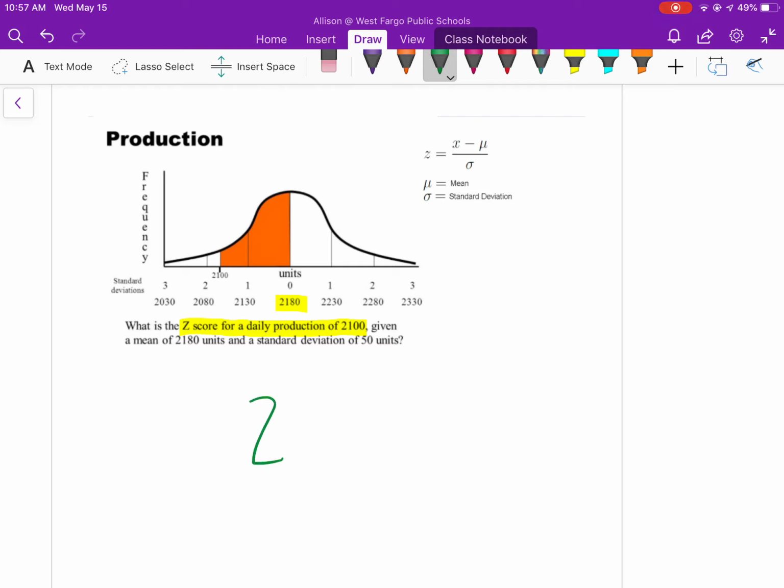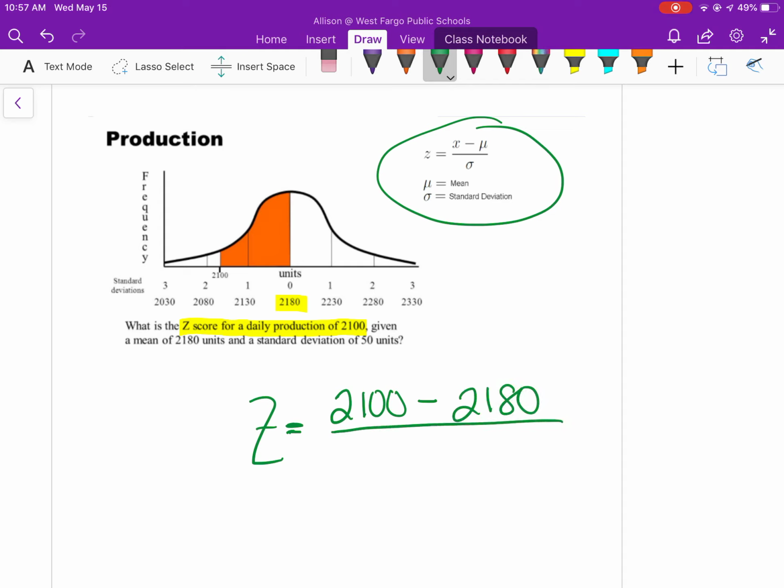So to find the Z-score, you use this formula here, x minus the average divided by standard deviation. So your x point is the 2100. Subtract the average of 2,180 and then divide it by the standard deviation of 50. So then we would get negative 80 divided by 50, or negative 8/5, which will be negative 16 tenths, so negative 1.6 is my Z-score.